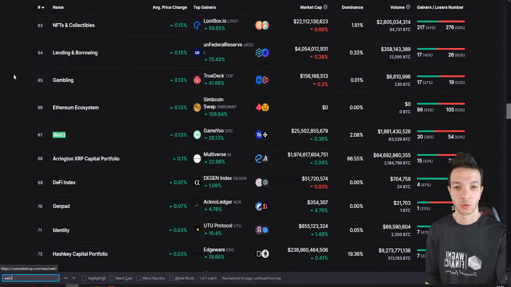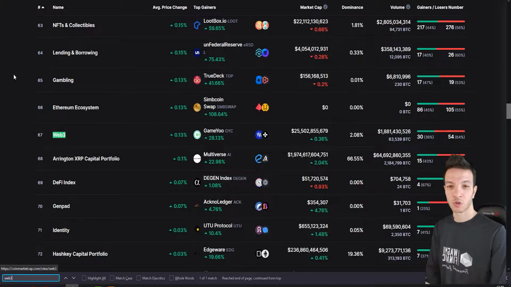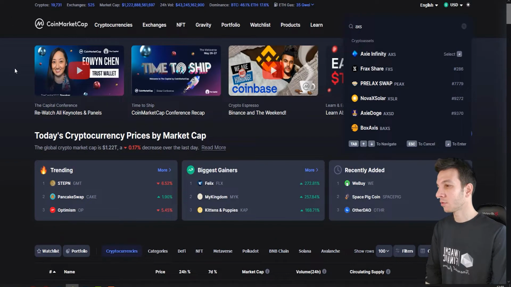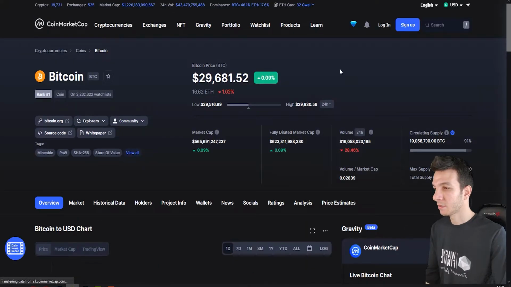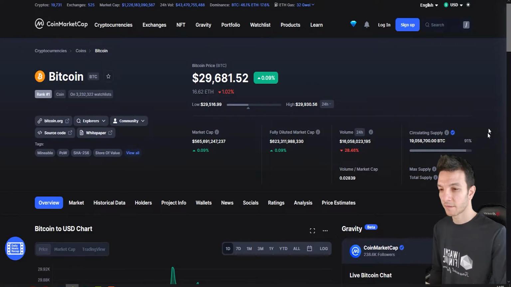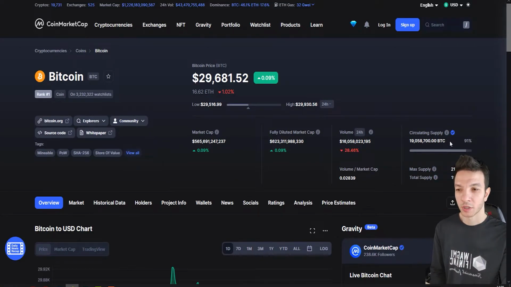So now let's go to the properties of cryptocurrencies. We go back to the homepage of CoinMarketCap. Let's take any example. We have, for example, Bitcoin. So if we look here, we have all this information. This one is the circulating supply. It's very important.